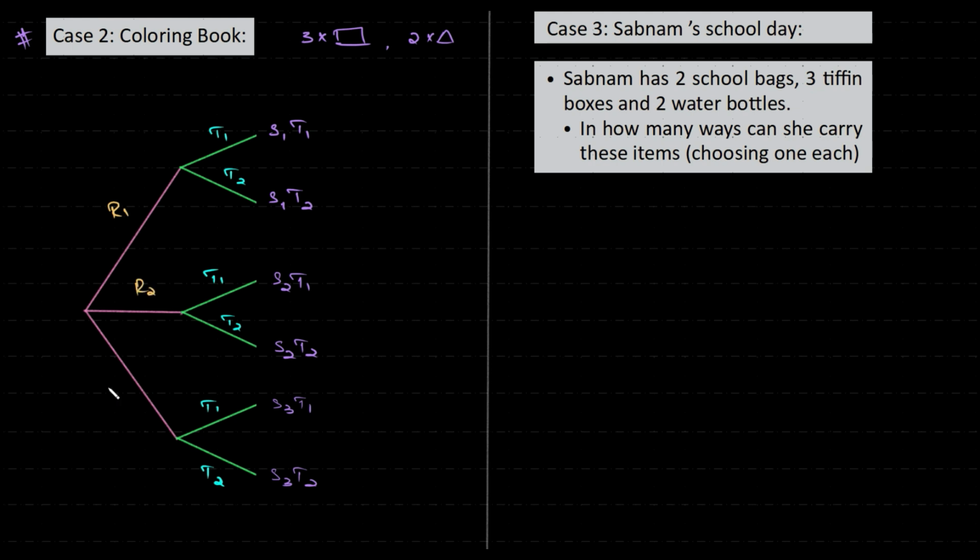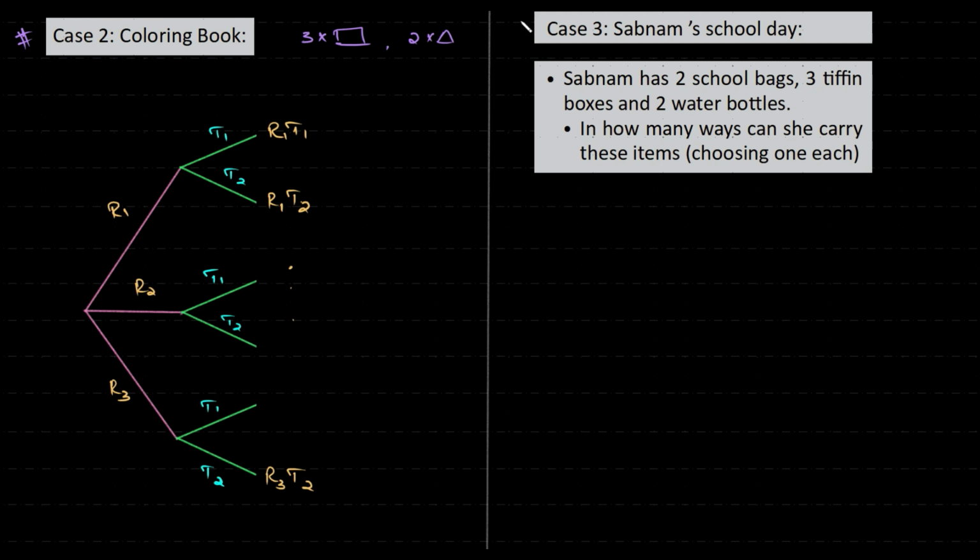Instead of S1, S2 and all of that, it would be R1 T1, R1 T2, R3 T2, so on and so forth. Okay.